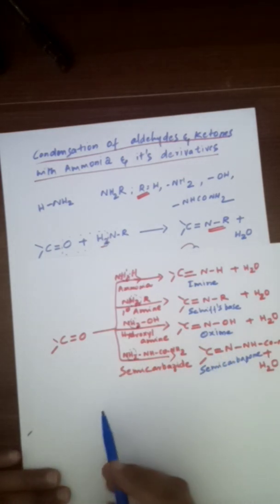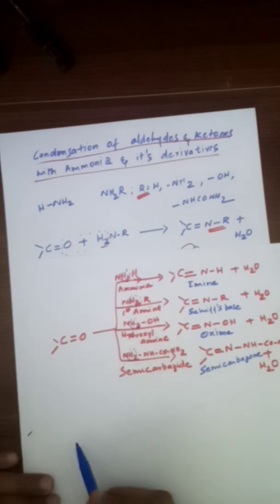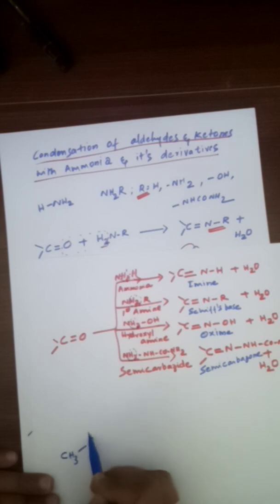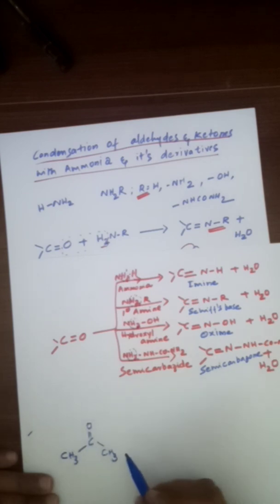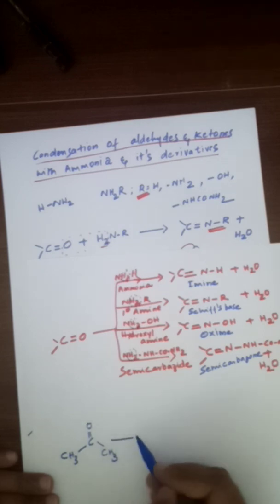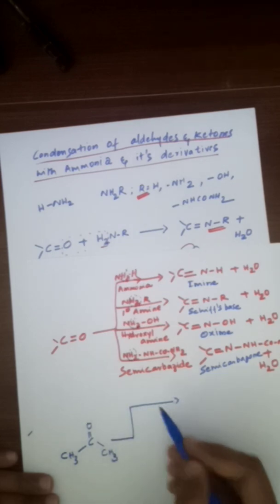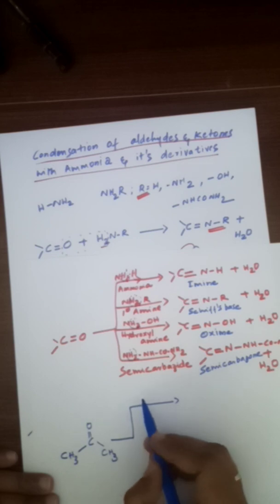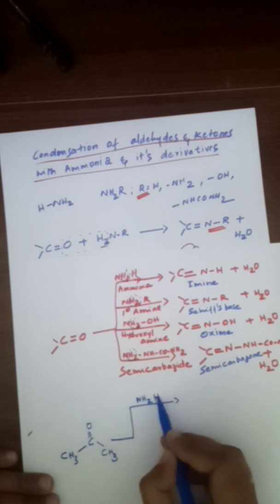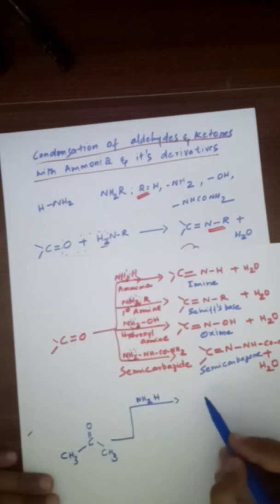Now let us see one example in which we consider one compound, acetone. Acetone is CH3 C double bond O CH3. When this undergoes reaction with NH2H, what will you get?